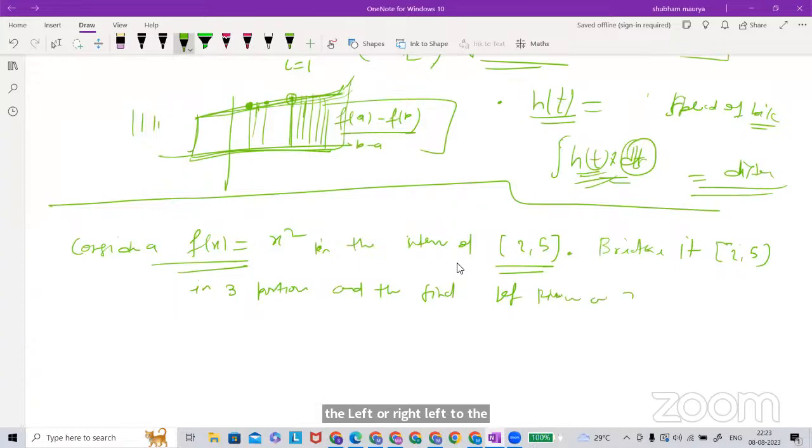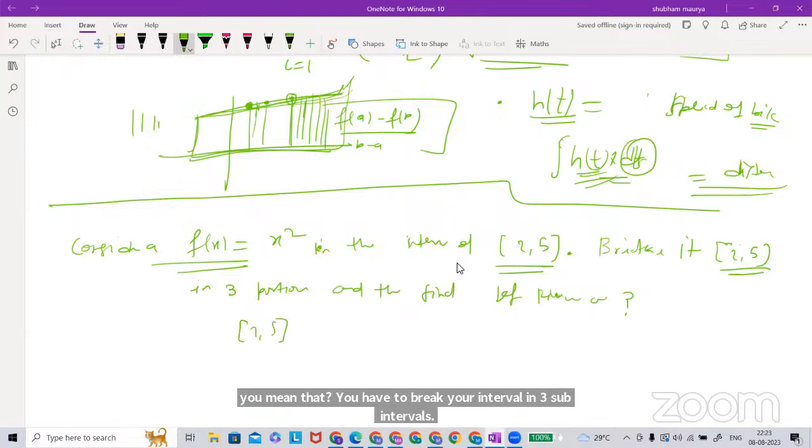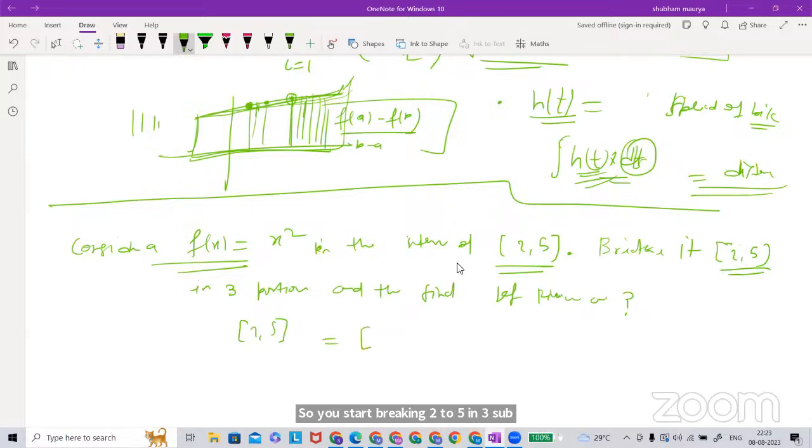What is the left Riemann sum in that case? It means you have to break your interval into 3 sub-intervals. If we start breaking 2 to 5 into 3 sub-intervals, how will it be? 2 to 3, 3 to 4, and 4 to 5, right?